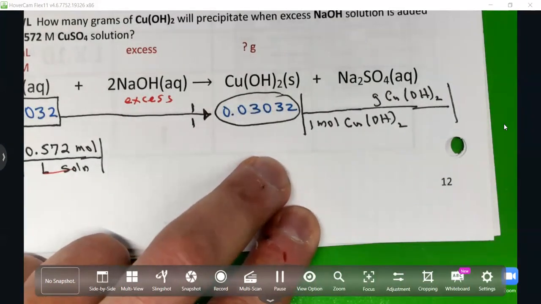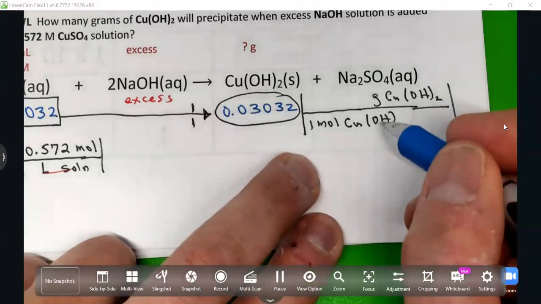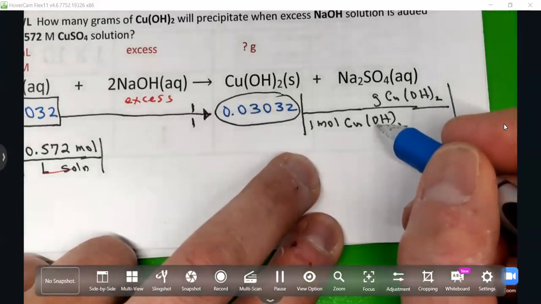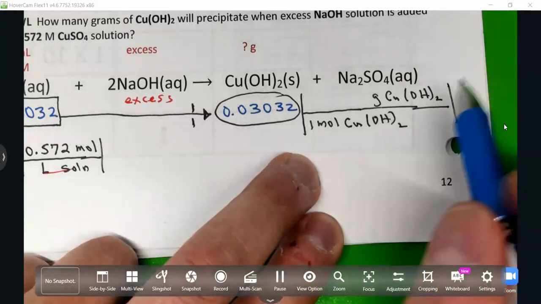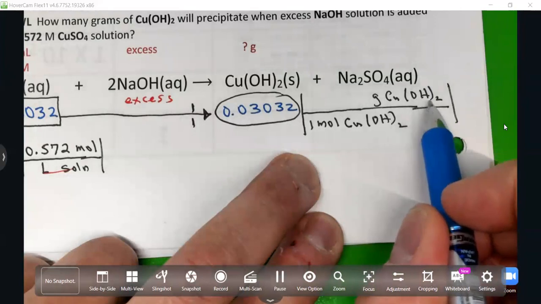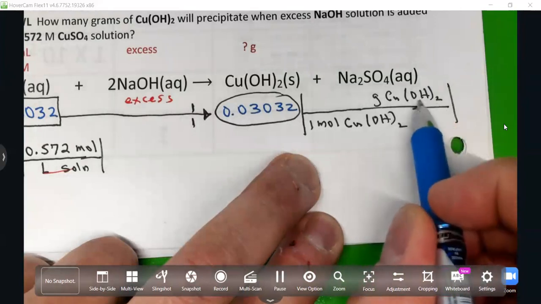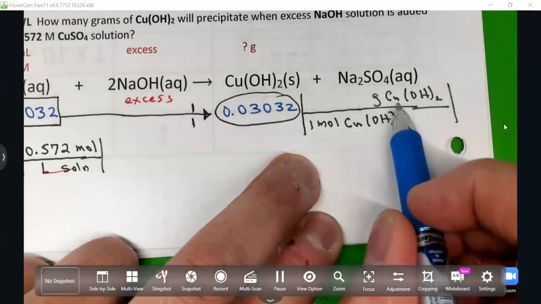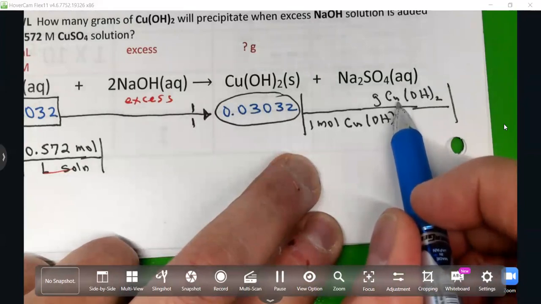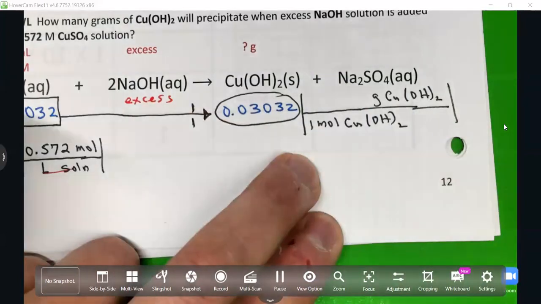And the molar mass is 2 oxygens and 2 hydrogens, right? 2 oxygens, 2 hydrogens, and a copper. What do we get for this?